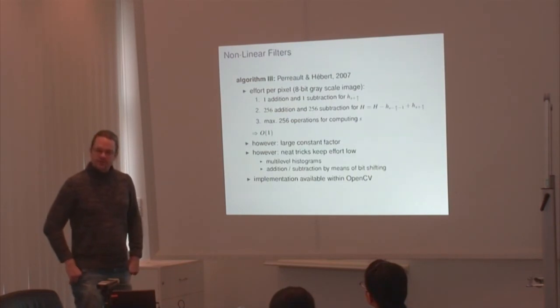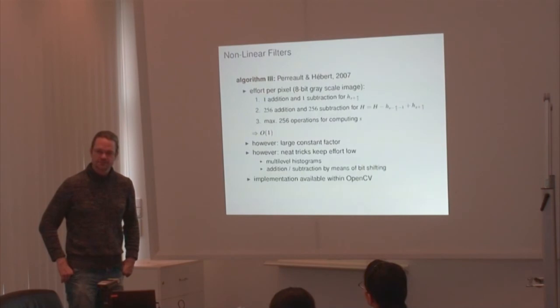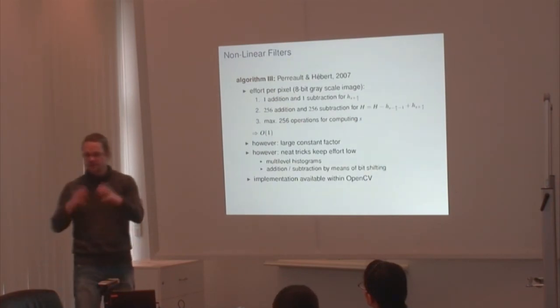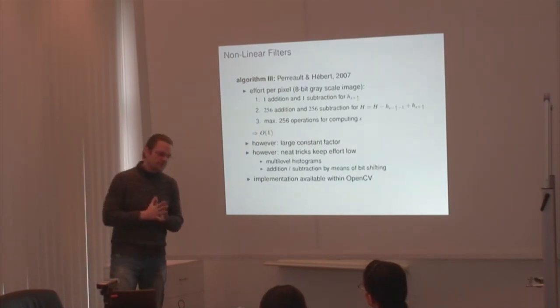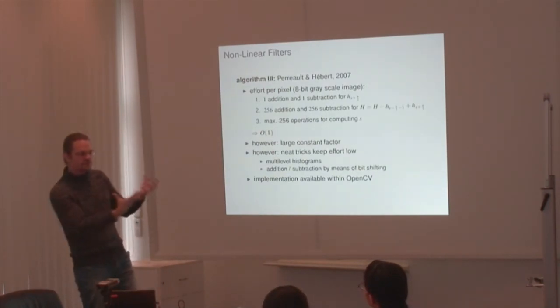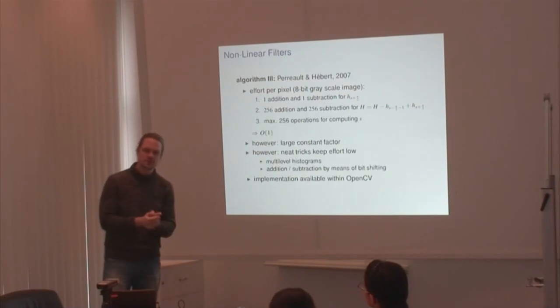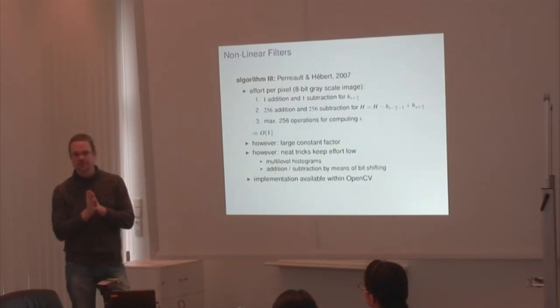What about filtering with, say, a Gaussian? That is not a non-linear operation. It is a linear operation, we saw that. And it's not a naive mean filter approach, but a weighted filter approach. Can we get that down to O of 1?